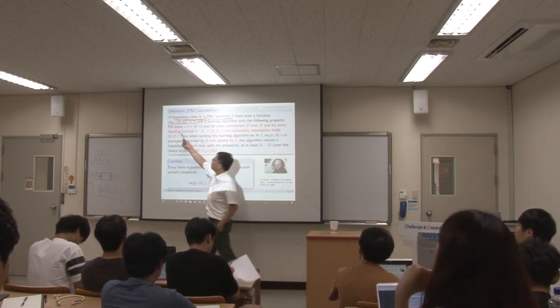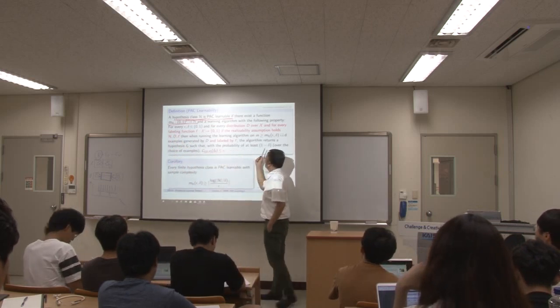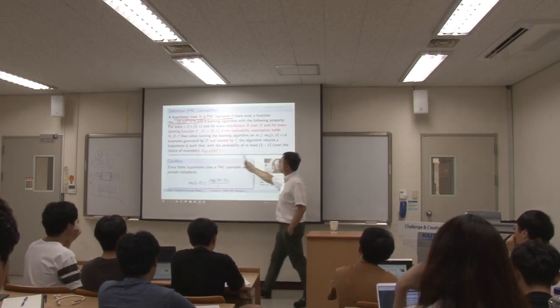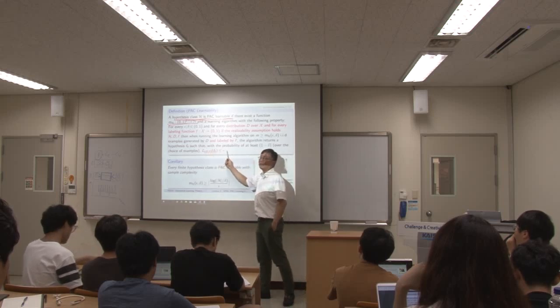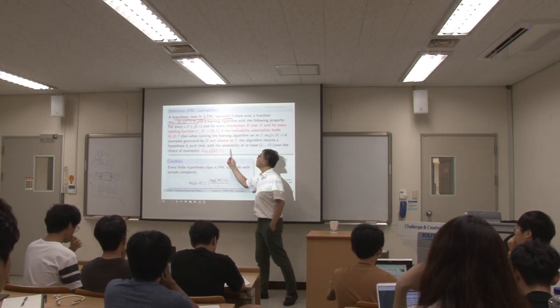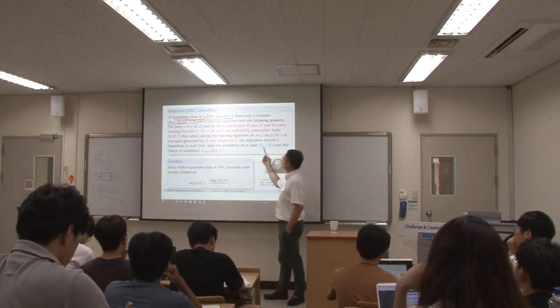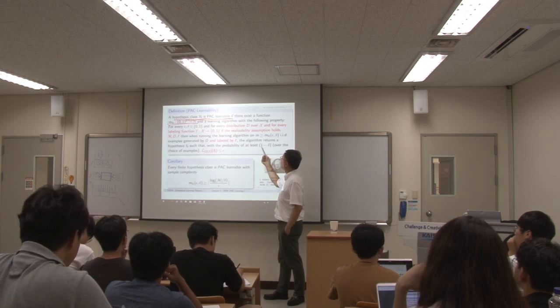If we have more samples than that, then the probability of our test loss being less than epsilon is going to be greater than 1 minus delta.